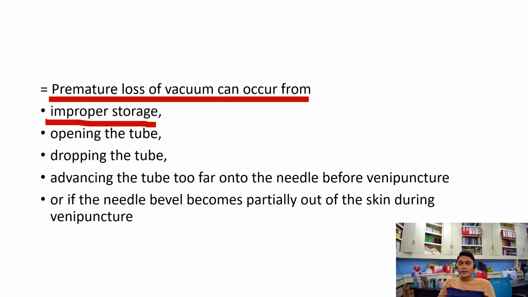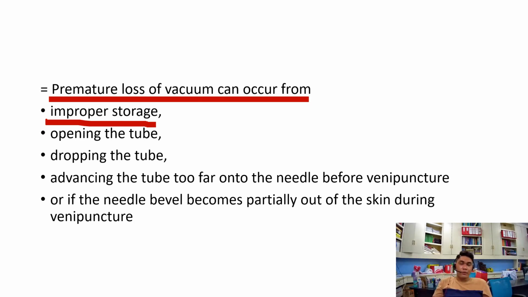Next, advancing the tube too far onto the needle before venipuncture, or if the needle bevel becomes partially out of the skin during venipuncture. So, for example, you did not hit the vein after the insertion. So next is to do probing.